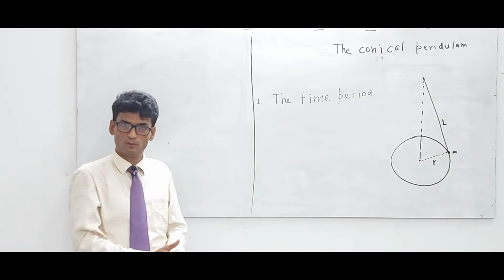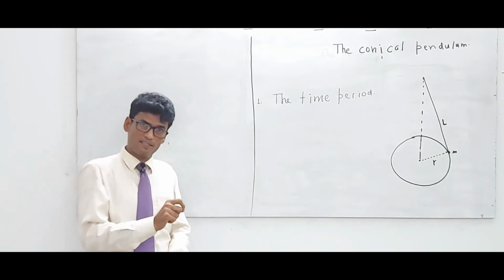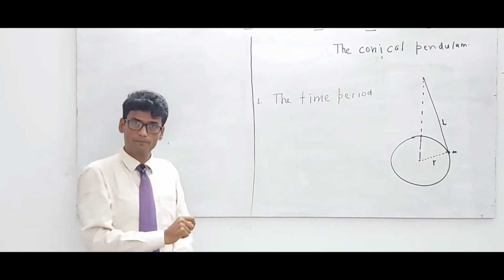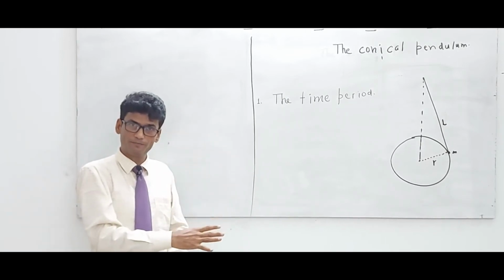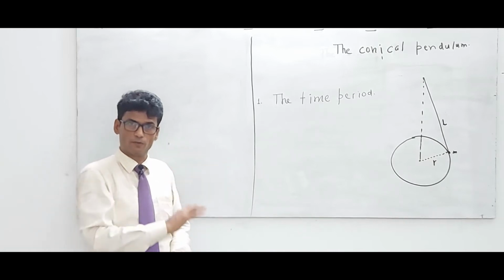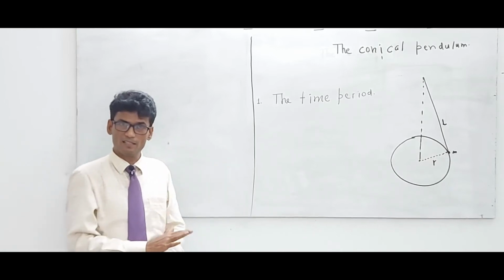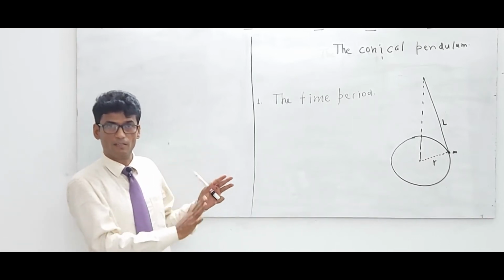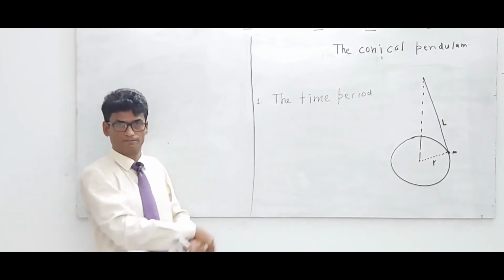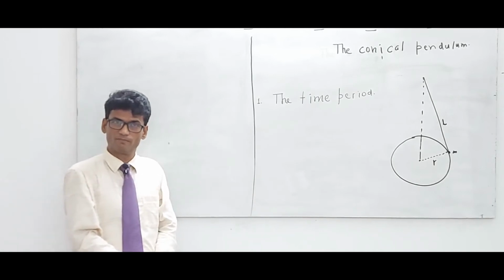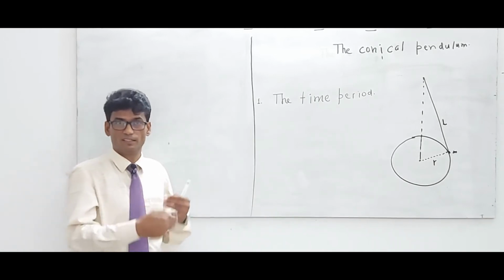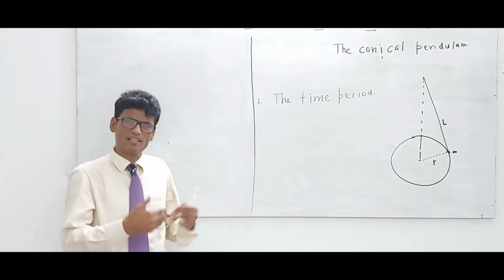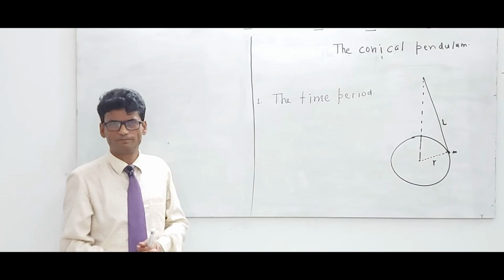But for practical purposes, to understand this article, the conical pendulum, we have to assume all such kinds of forces are absent. That is, no dissipative forces are acting in our system. All the time we are investigating these things, because this creates curiosity in you.